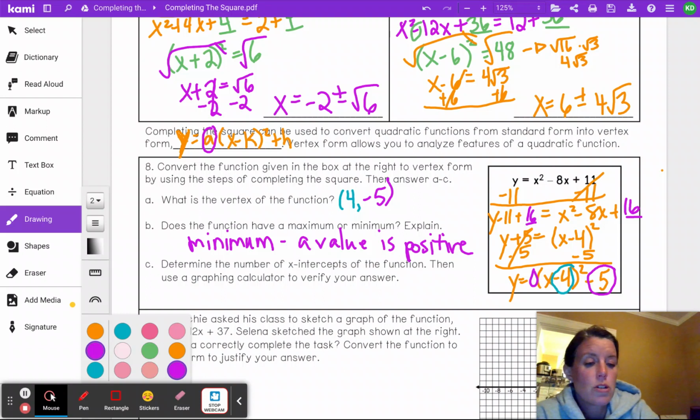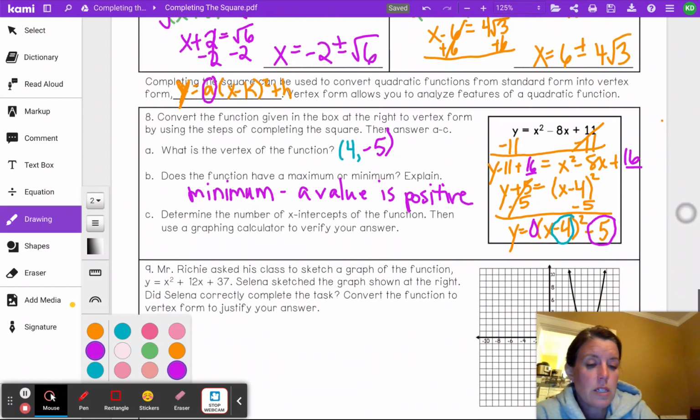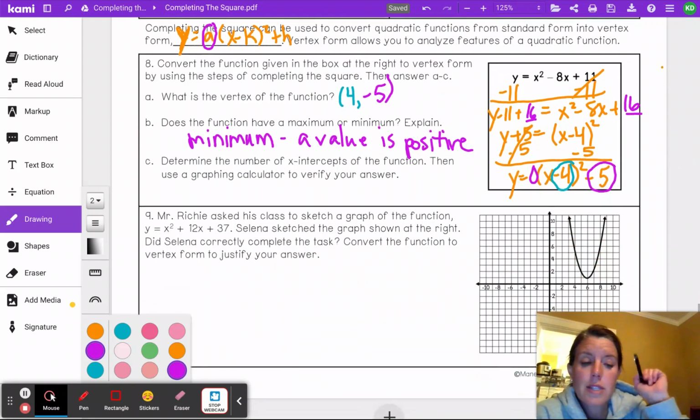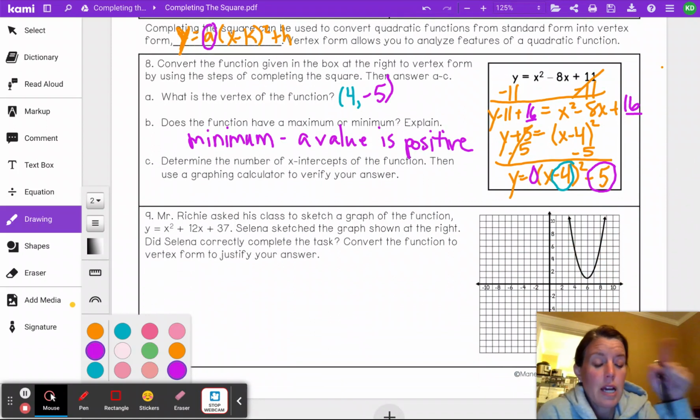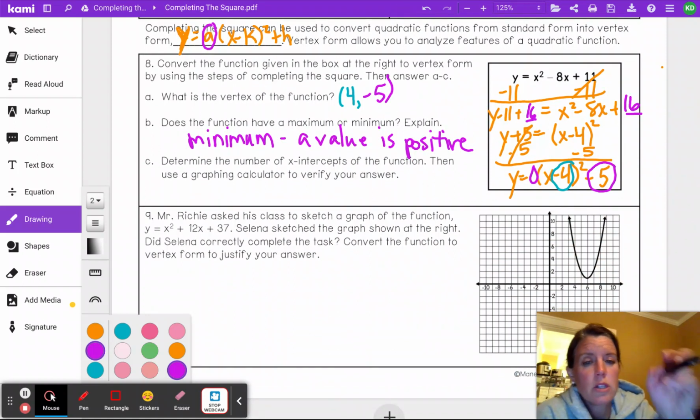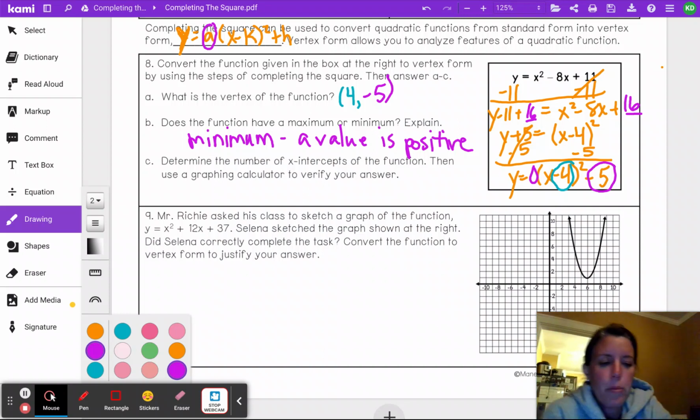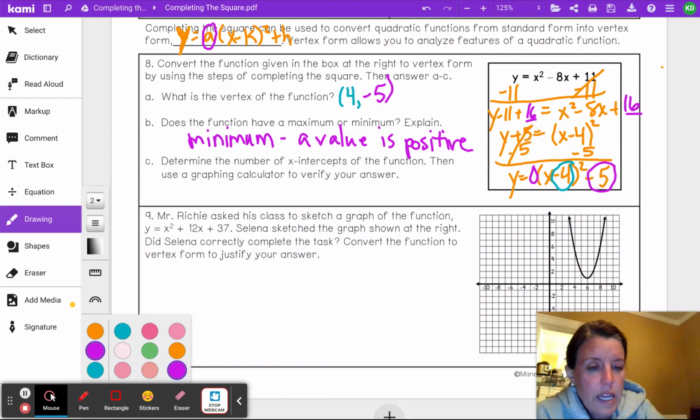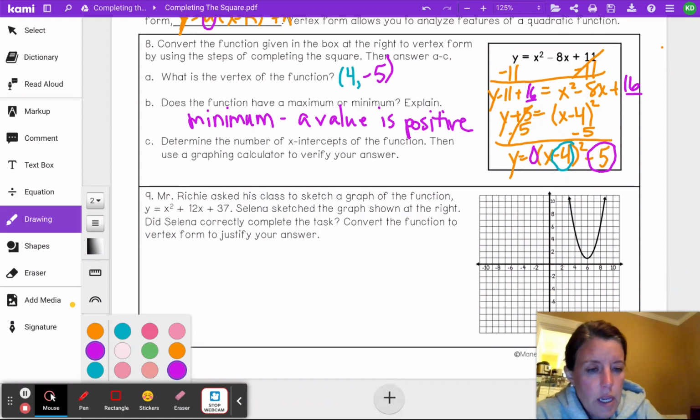All right. So now here is Miss Flake's super duper scientific way of telling you if or how many x-intercepts this has. So let's look at this point, and I want to use this graph out here for an example. The point is 4, negative 5. So if I were at 4 and then go down to negative 5, there's my vertex right there.